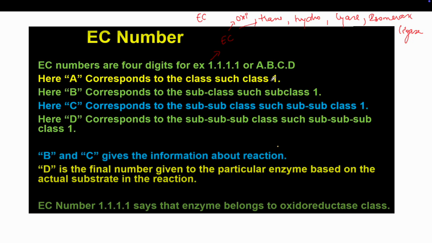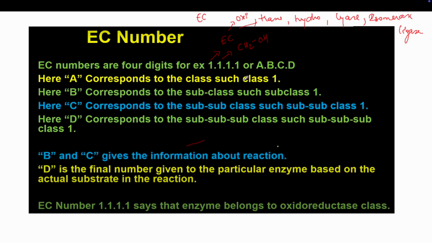The second number refers to the subclass. Taking the example of oxidoreductase, the subclass tells which functional group it will catalyze the reaction with. In this case it will act on the functional group of alcohol, only reducing or oxidizing the alcohol molecule.